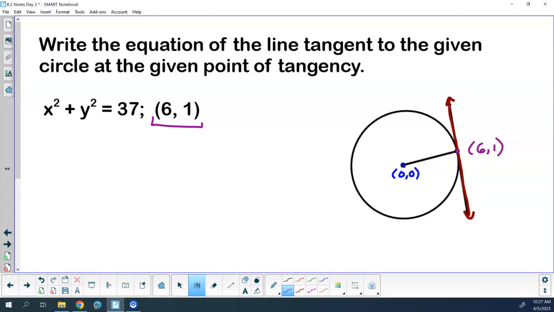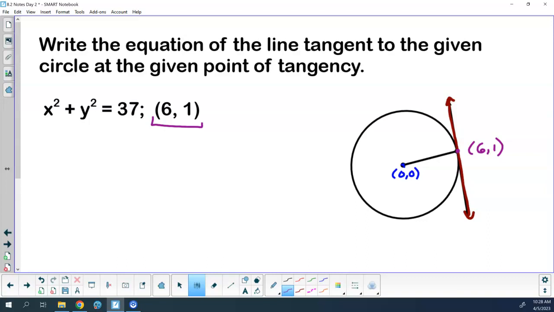What did we just learn about the radius and the tangent line? Perpendicular, which means what? Opposite reciprocals. The slopes are opposite reciprocals.